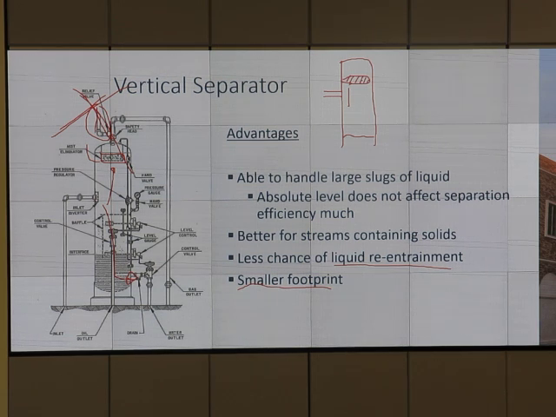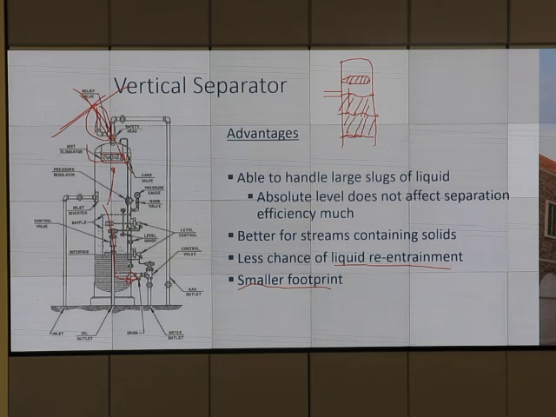If you have a liquid level of maybe 40% instead of 20%, higher, what happens? The cross-sectional area is the same. It doesn't change the cross-sectional area of the flow of the mist. It is still the same. Of course, if you have the liquid level too high, you are going to have a problem. The liquid level should be lower than the inlet.